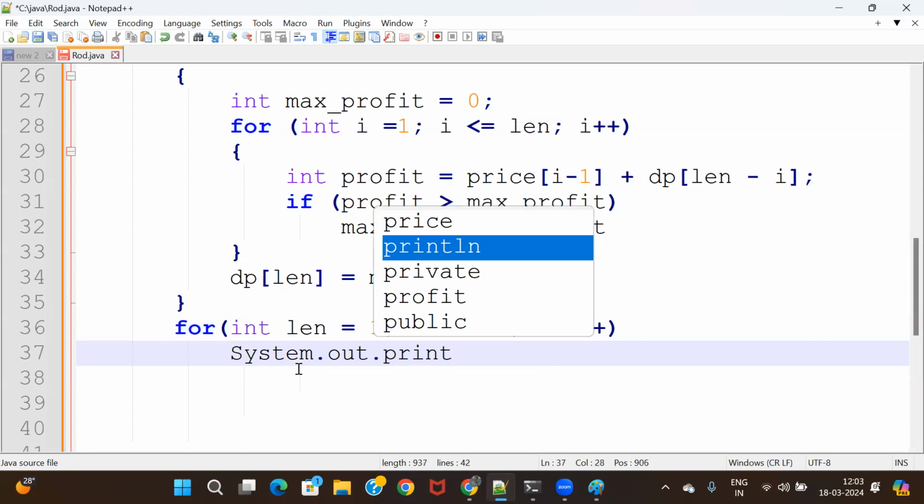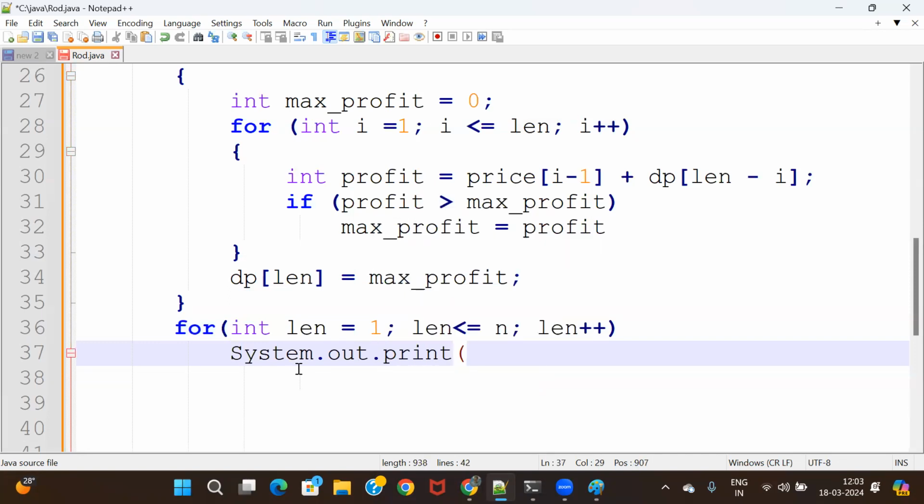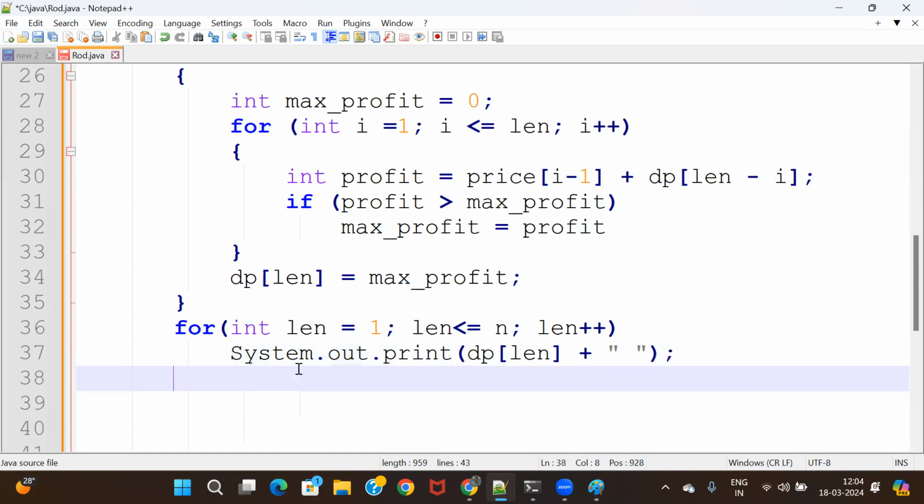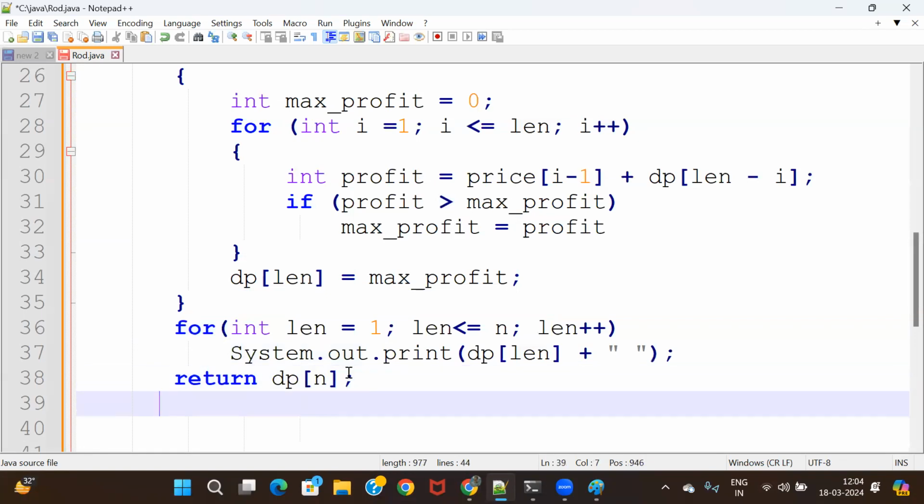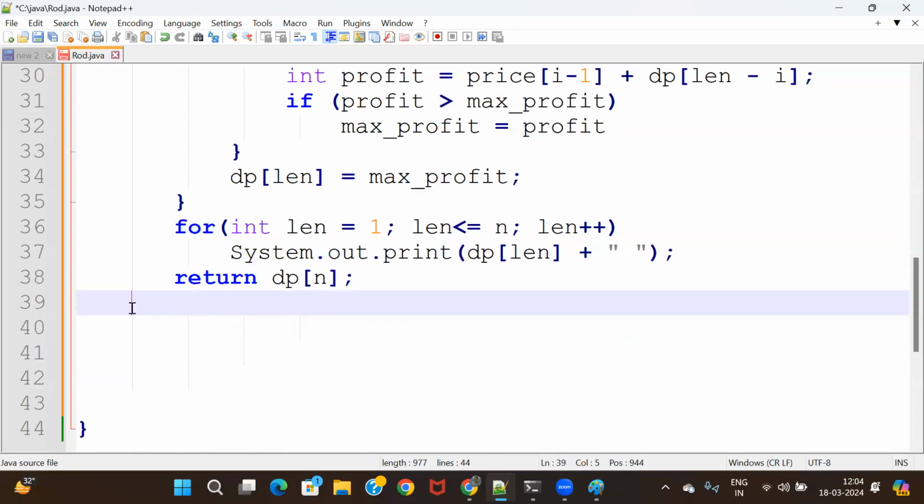Print all of them in one single line. What are you going to print? Solution for every length and have some blank space, right? And then return the final solution, that is the maximum profit for a rod of length n. Now here the method ends.